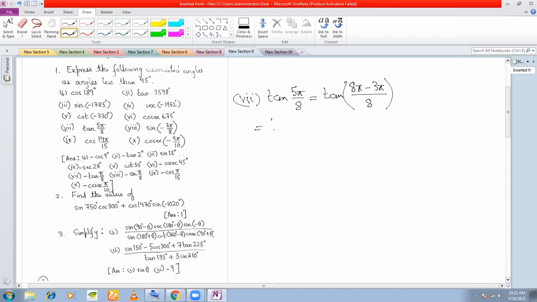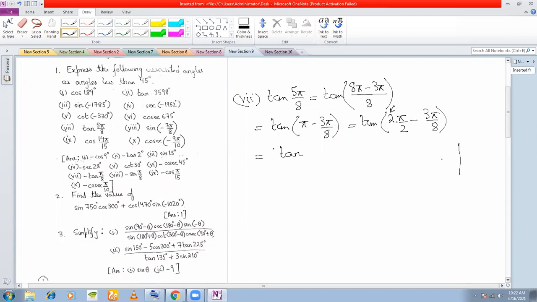Which can be written as tan of, if you separate, pi minus 3 pi by 8. Am I right? Yes, sir. Now pi can be written as an even multiple, 2 into pi by 2, minus 3 pi by 8. Now we'll see which quadrant this lies in. First of all, this is an even multiple, so tan will remain tan.